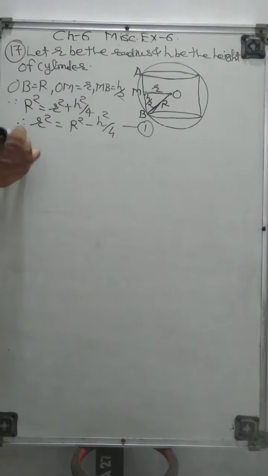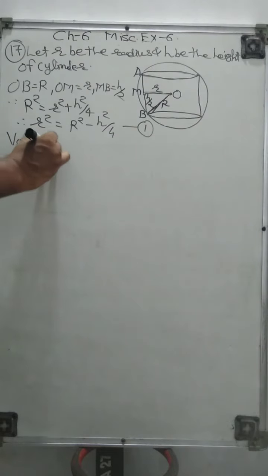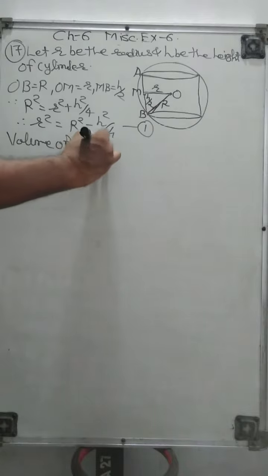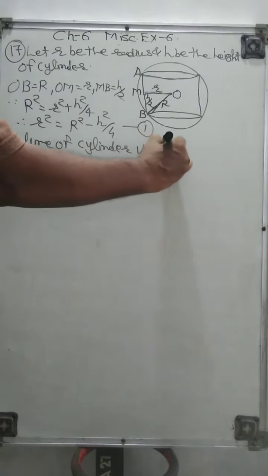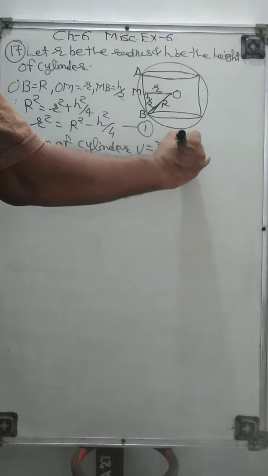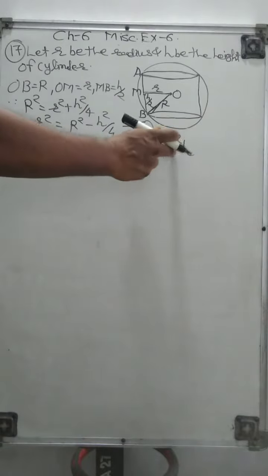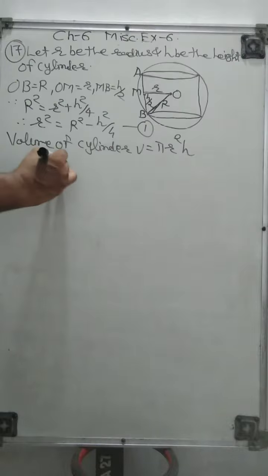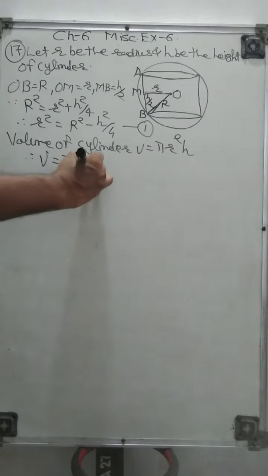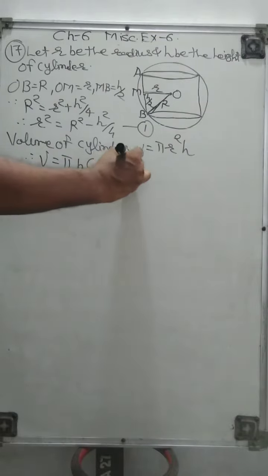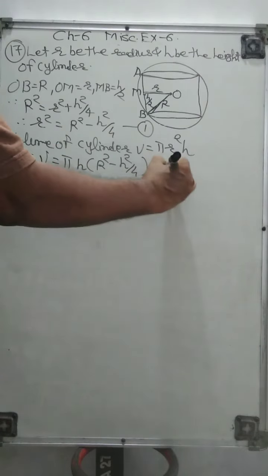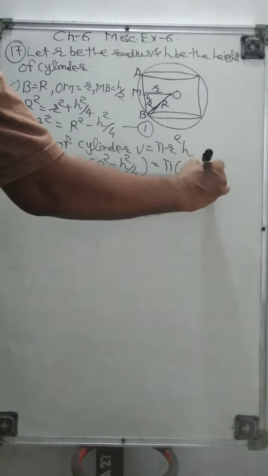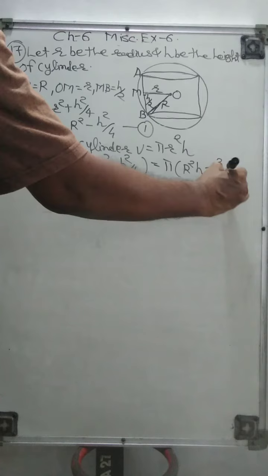So volume of the cylinder V is equal to pi r square h. Now here we put the value of r square. So we get pi h times (R square minus h square by 4). We multiply h with the bracket, then pi (R square h minus h cube by 4).